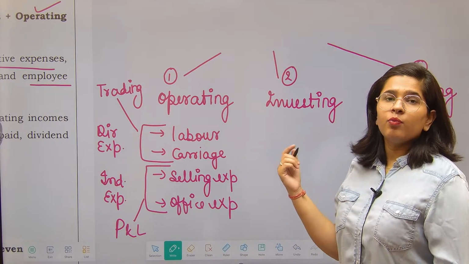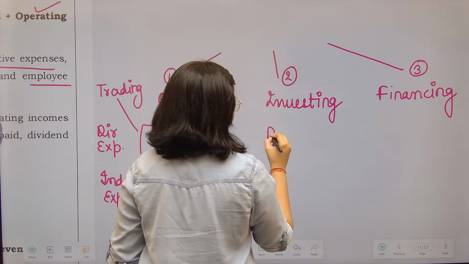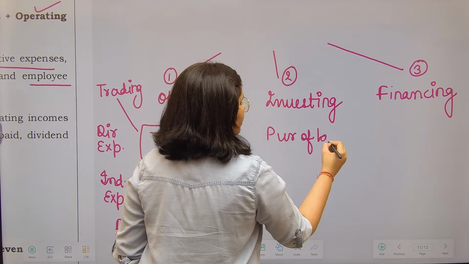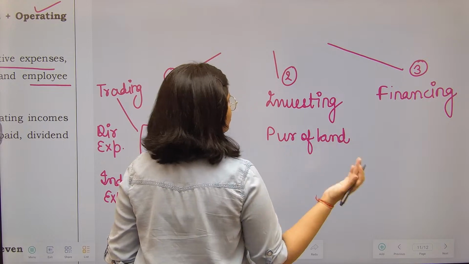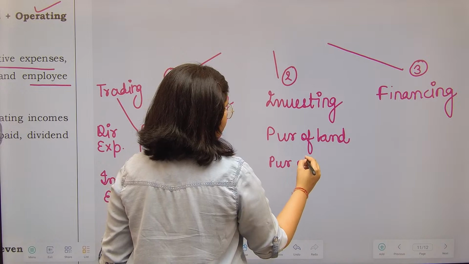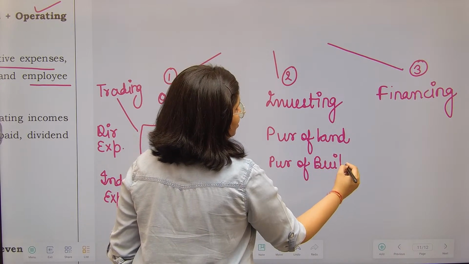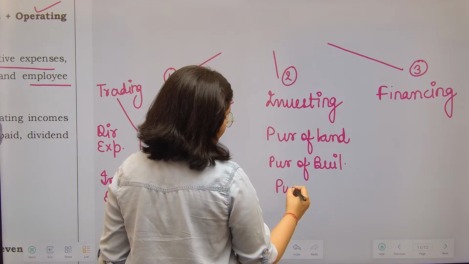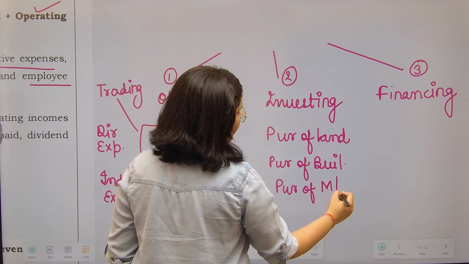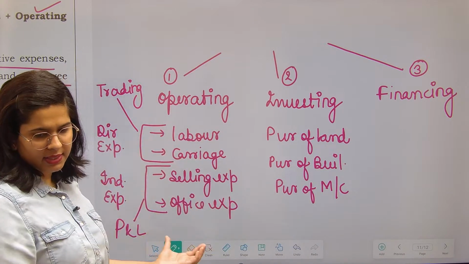Investing, in most of the cases, involves purchase of land, right? That has got nothing to do with your business. Purchase of building, purchase of machinery. Obviously machinery is for my operating business, but the total cost I cannot charge to my expenses, right?